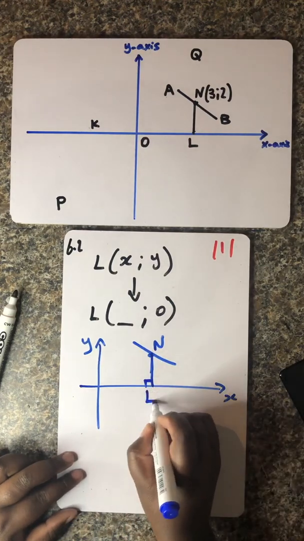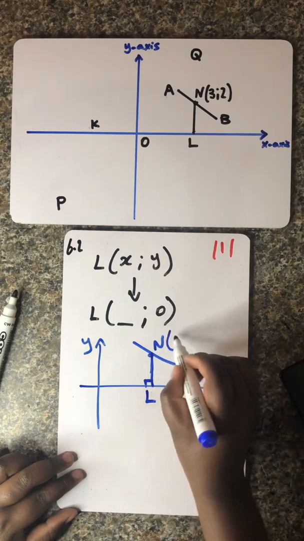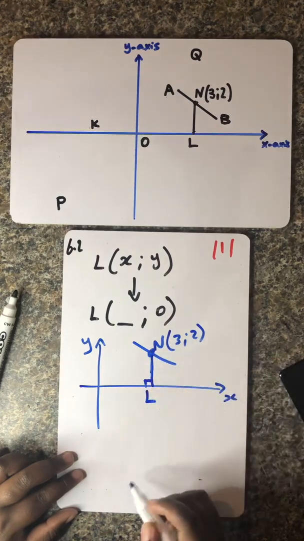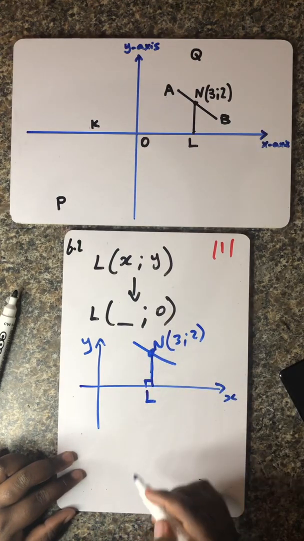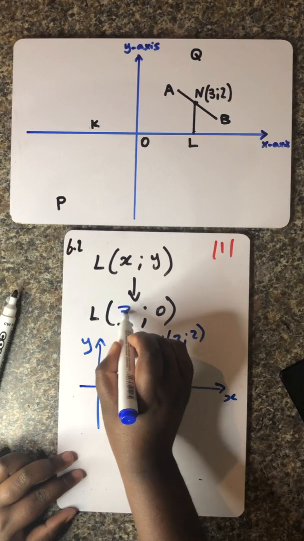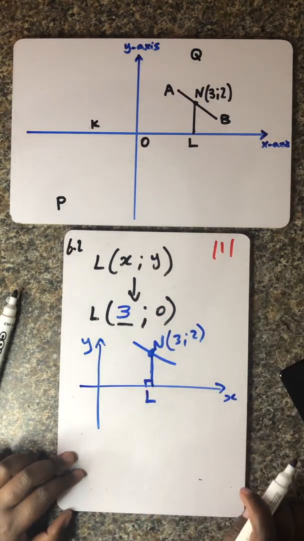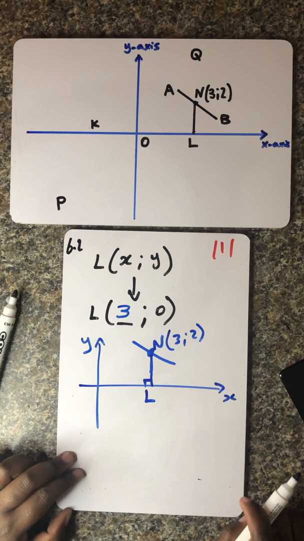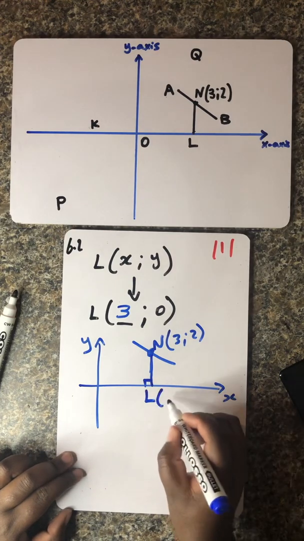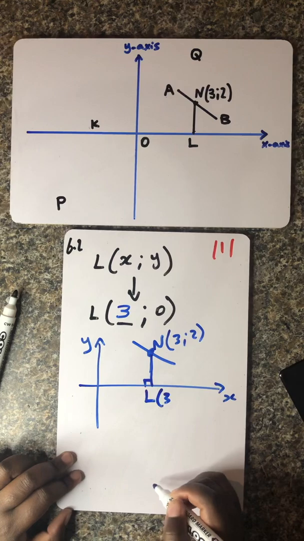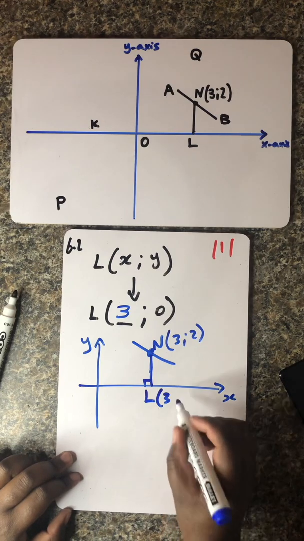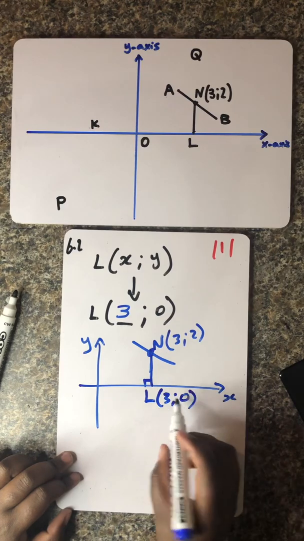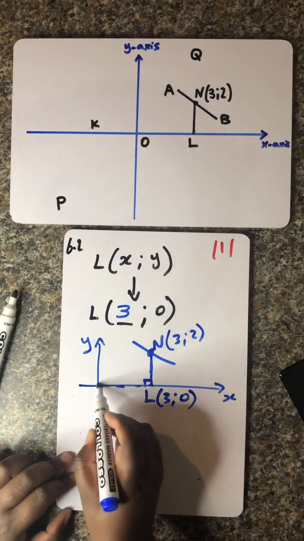So that means that L is the same as that X value of N. Okay, so that's why you'd be correct to say the X value at that point L equals 3. So that means that's where you've got your X as 3, and again your Y is 0.